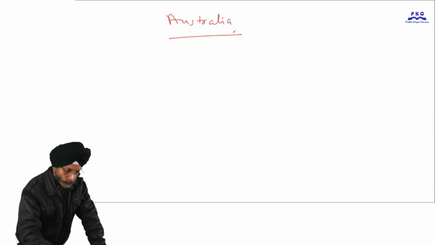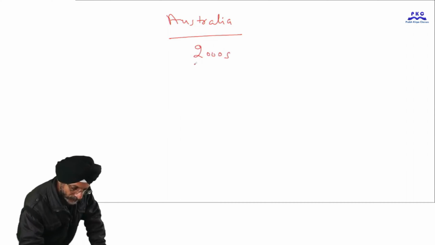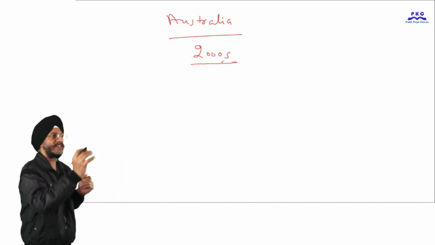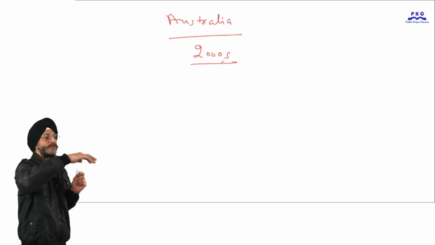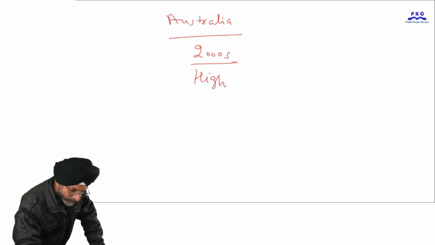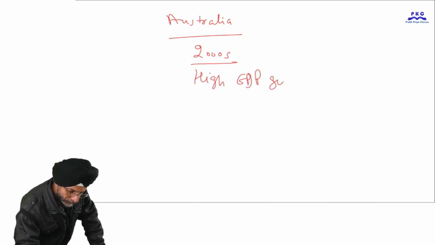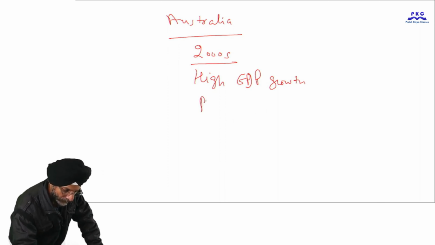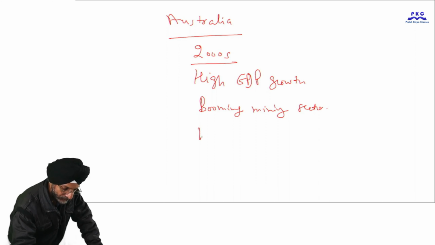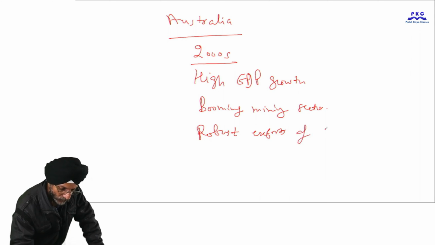During the early 2000s, Australia witnessed currency appreciation against the US dollar because there was high GDP growth, a booming mining sector, and robust exports of coal and iron ore.